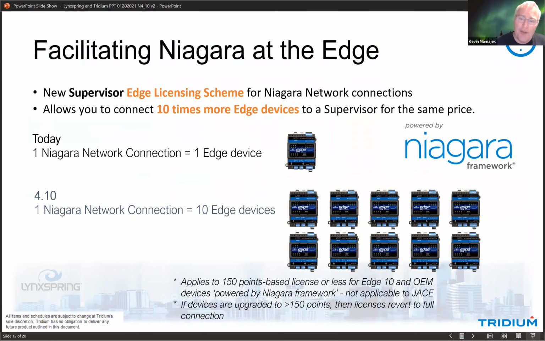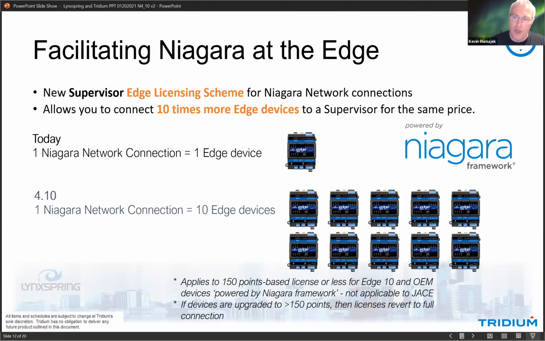So the other thing that we've heard in our licensing scheme is that these edge products should be treated a little differently, right? So if I was going to have a bunch of edge products directly connect to the supervisor right now, or previous versions of Niagara, it was kind of one Niagara connection and one edge device.